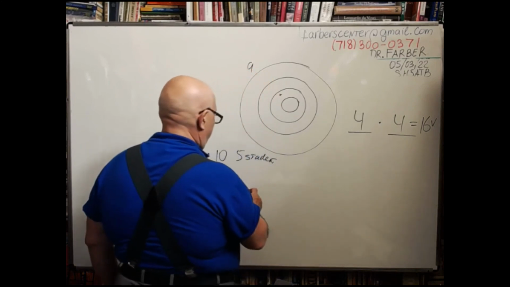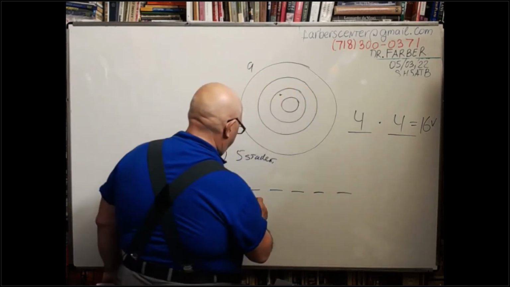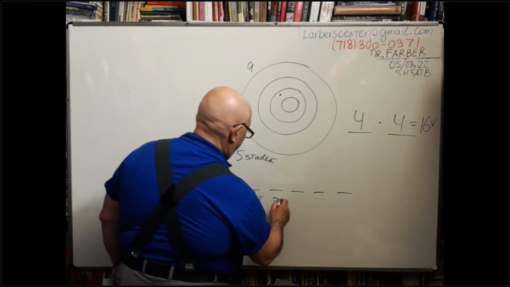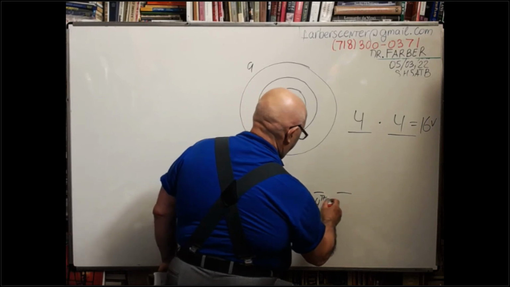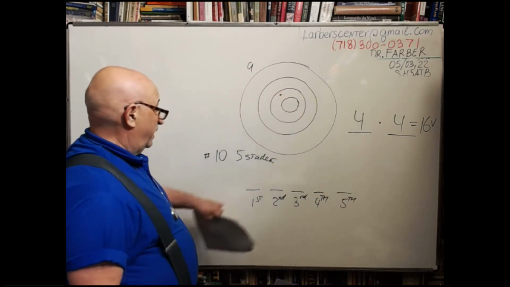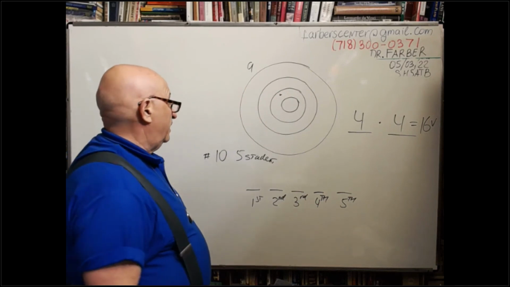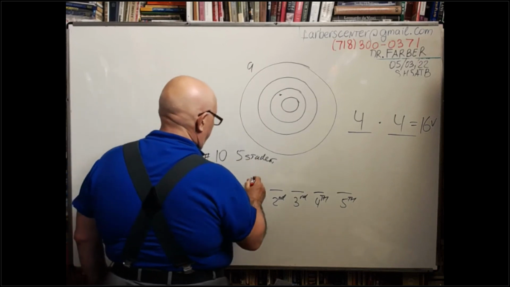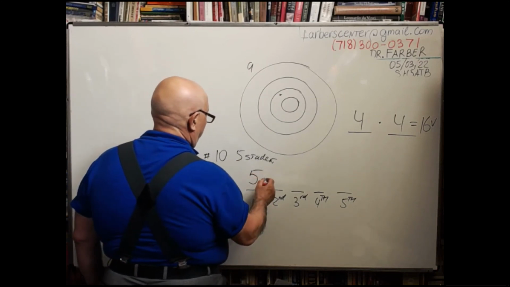So this team consists of 5 students. This is the first position, the second position, the third position, the fourth position, and the fifth position. For the first position, I can take any of these 5 people, 1 out of 5.